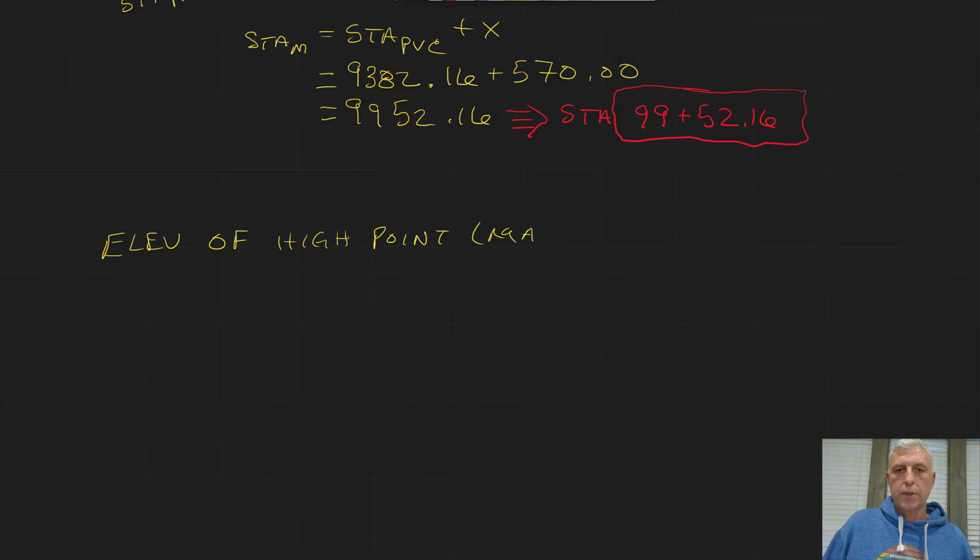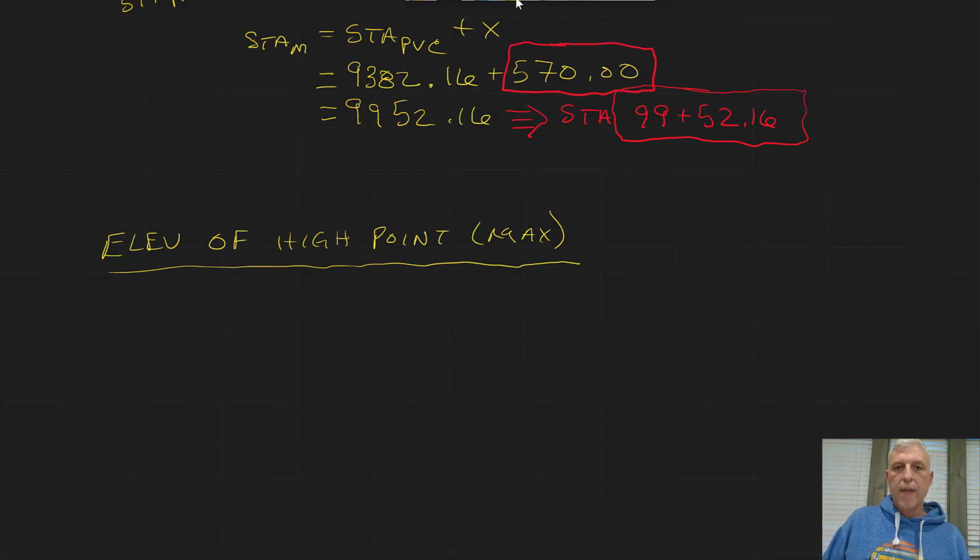I do that a lot, but just know they're the same thing. That's the maximum of our curve. So let's find that. Since our high point occurs where x equals 570, all we have to do is plug that x value into our curve equation.